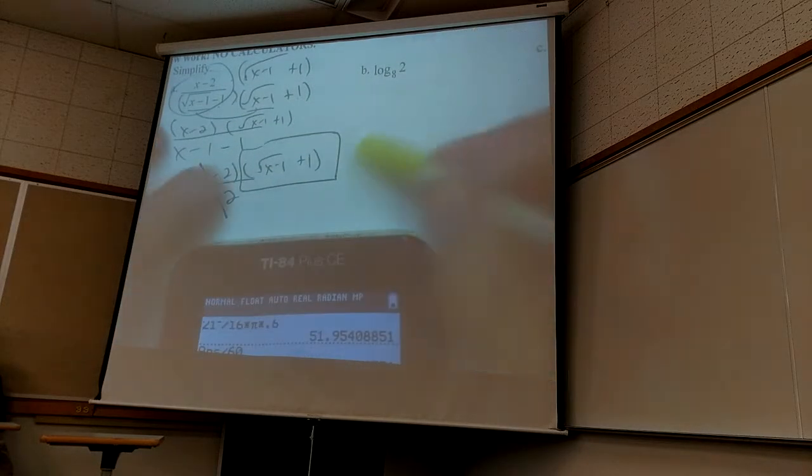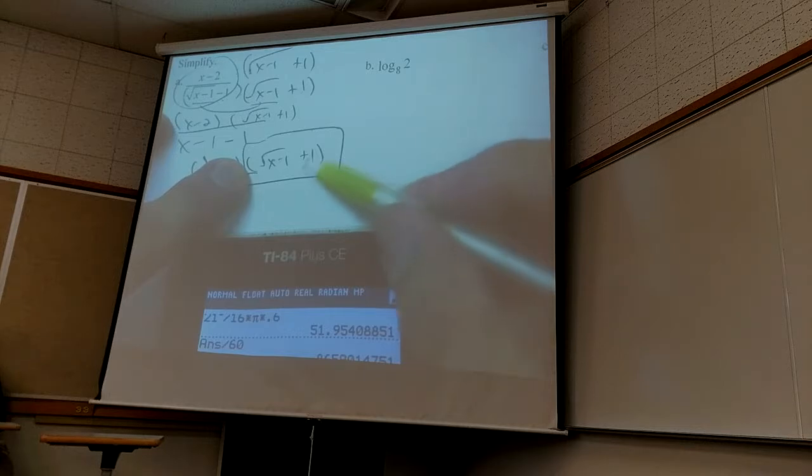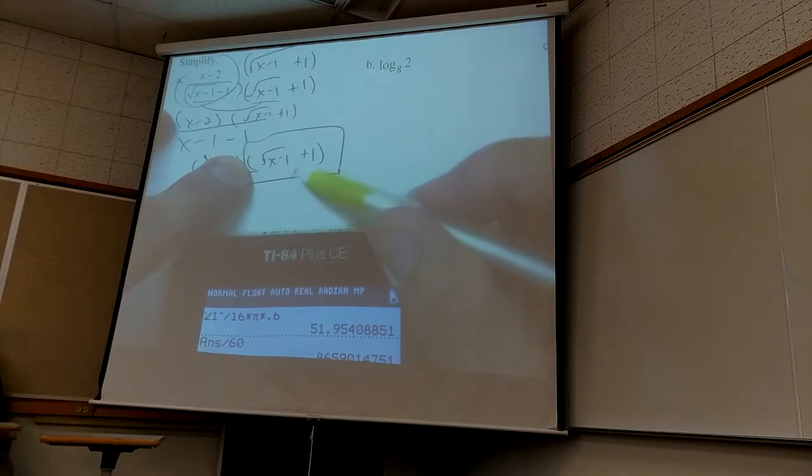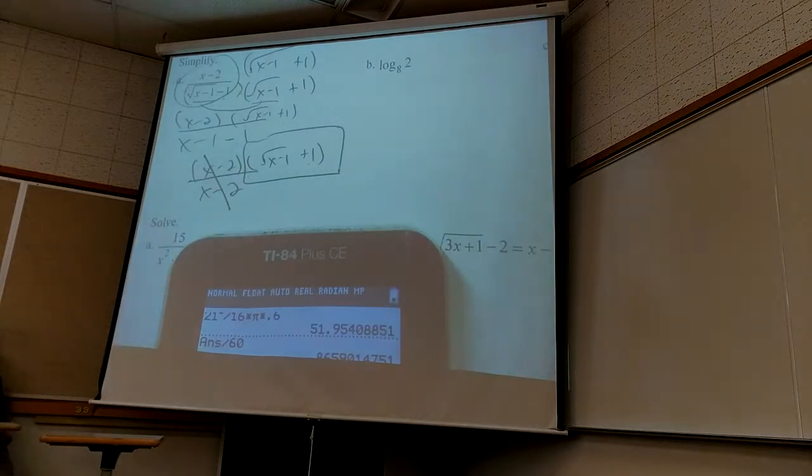Can anybody tell me, this is the square root function, but how would the graph be moved? How would it be translated? We shift it to the right one. This would move it to the right one, up one. So now watch.